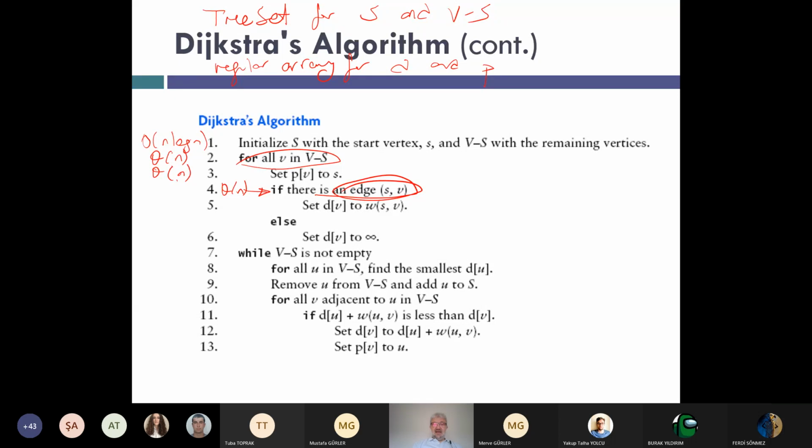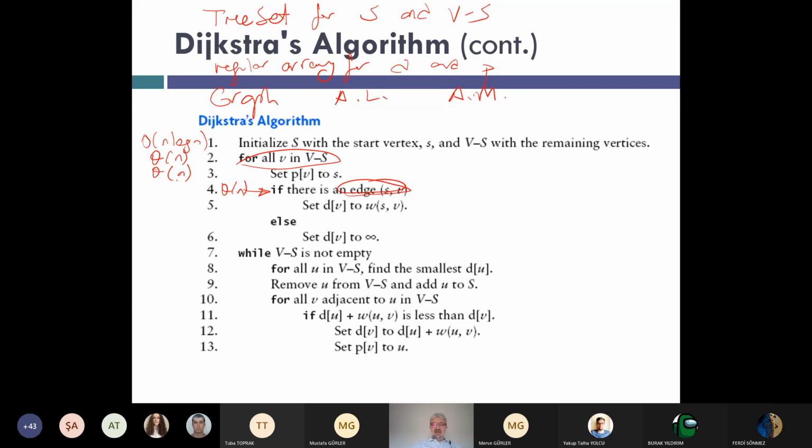This check requires a graph operation, and the running time depends on how the graph is implemented. So the graph can be implemented as adjacency list or adjacency matrix, right? If adjacency matrix is used, this operation will take constant time.